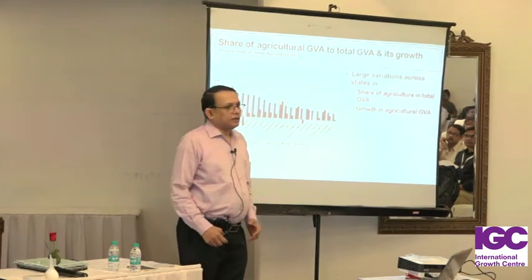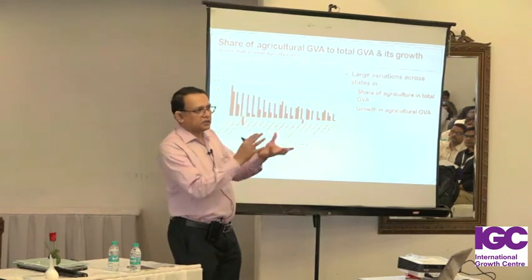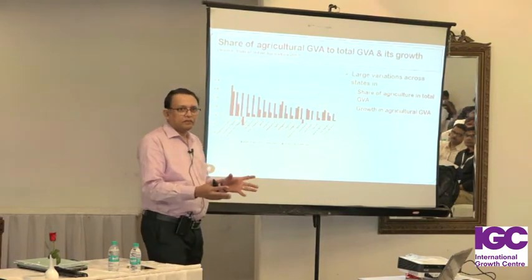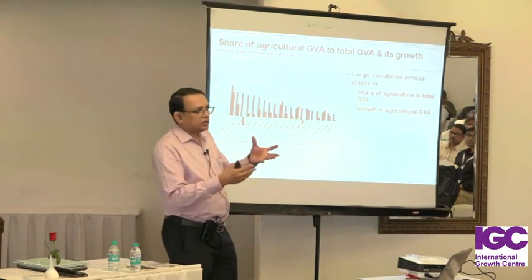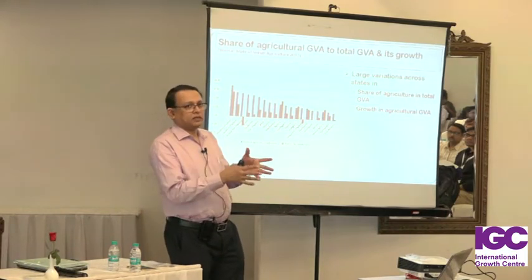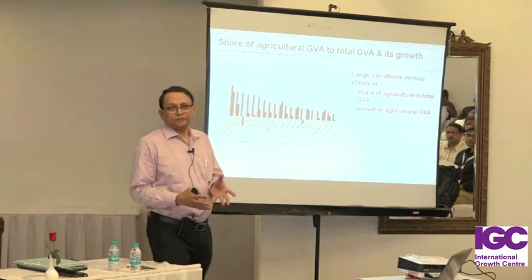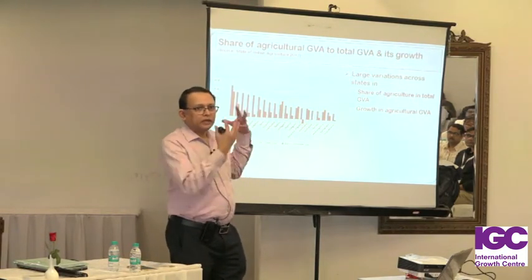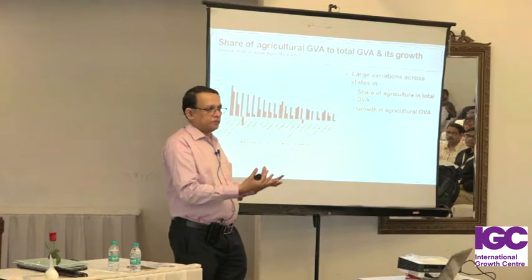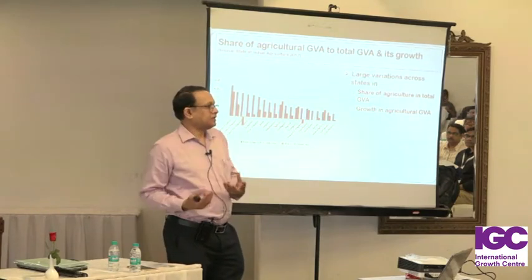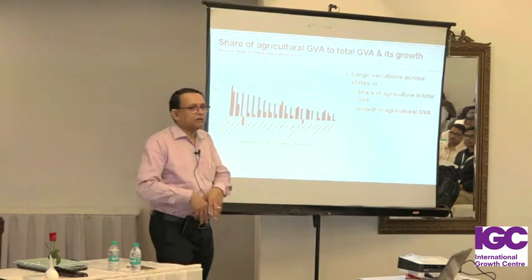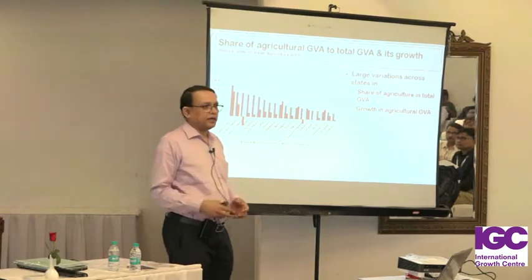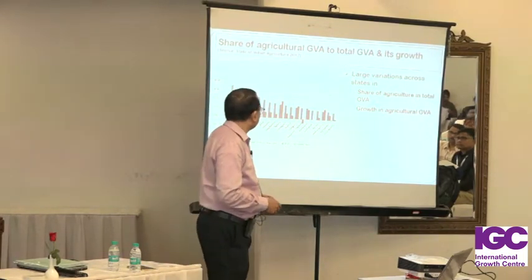So it's not just per capita income, but even how important agriculture is to the state's economy. In some states agriculture is pretty important, in other states it is important but doesn't have such a big share in the economy of that state.